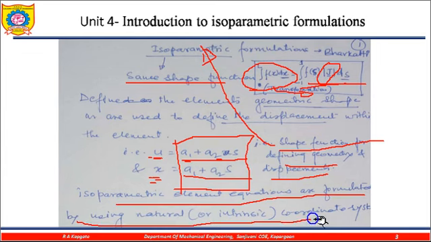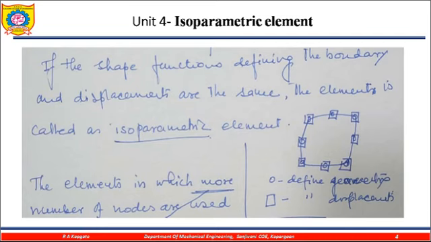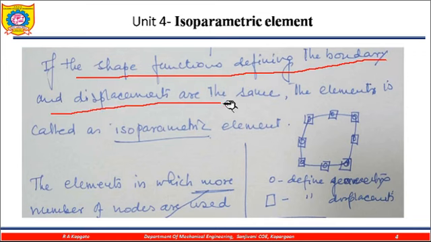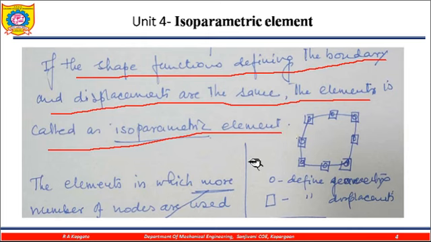So now the classification. If the shape function defining the boundary and the displacement are the same, the element is called an isoparametric element. Now let us take this element, whatever element we have considered here. In this element, this is the symbol for displacement, and this one is the symbol for defining the geometry.